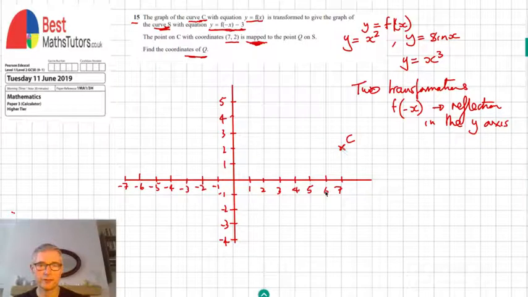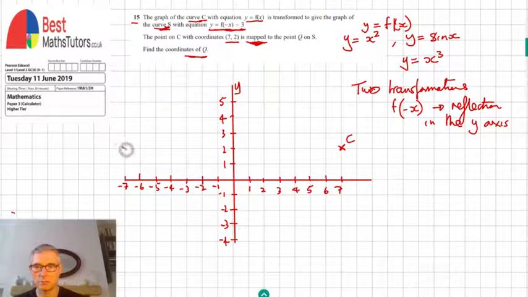Let's try and do that first. If we reflect it, it's going to be the same distance from the vertical line, the y-axis here, but on the other side. We can see we've got 7 squares going directly to the line, so it's going to be the reflection on the other side.